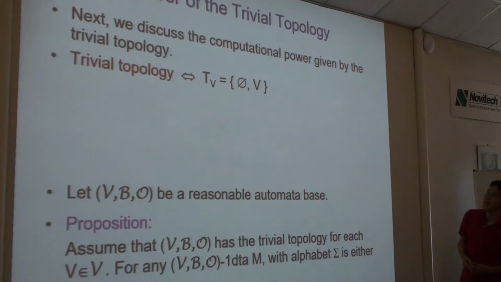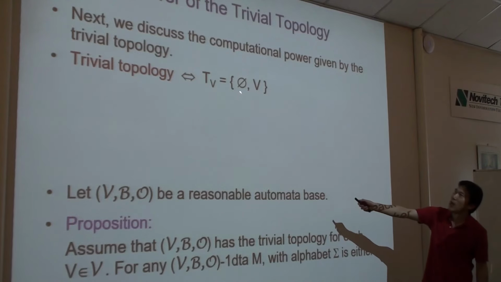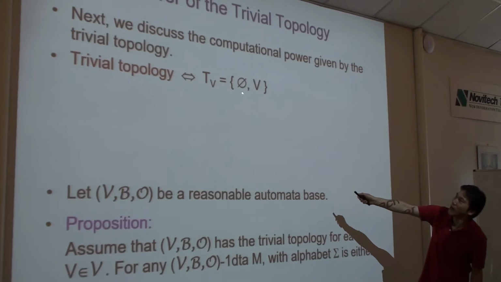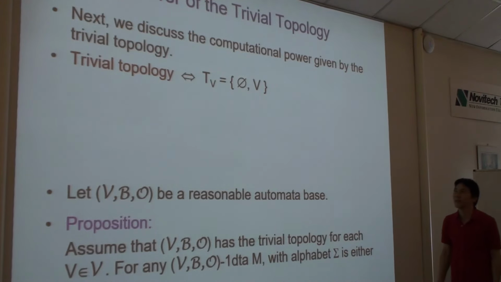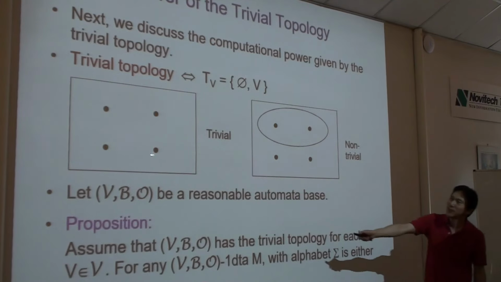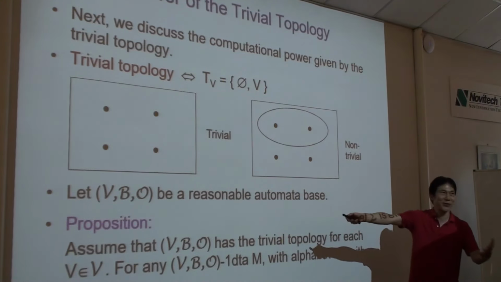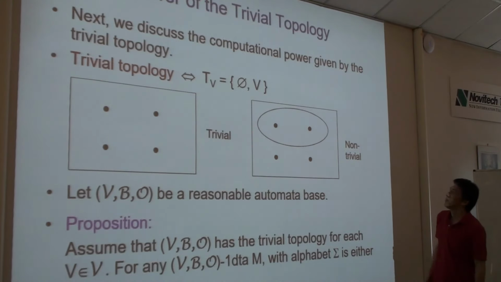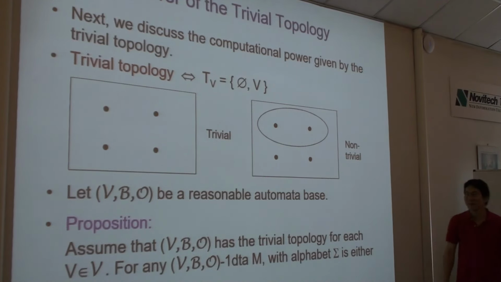So next one is the trivial topology. This is the weakest topology. The open sets are the empty set or the entire space. That's it. With the trivial topology like this one, there is basically no circle. But if you have a single circle, then this is not a trivial topology.